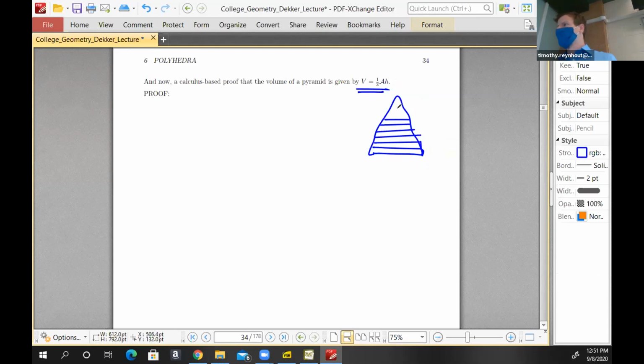So we take a pyramid and slice it into slabs, as we see here. Then we can let x be the distance from the apex to a given slab.